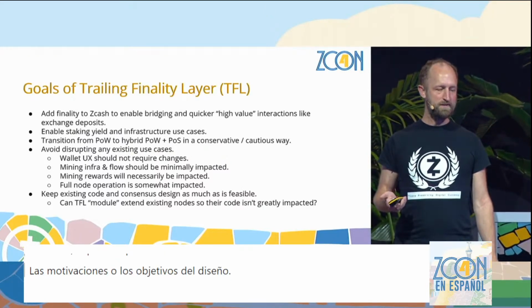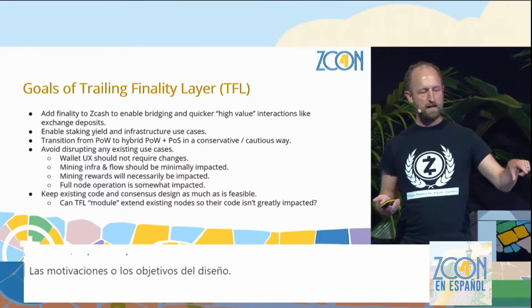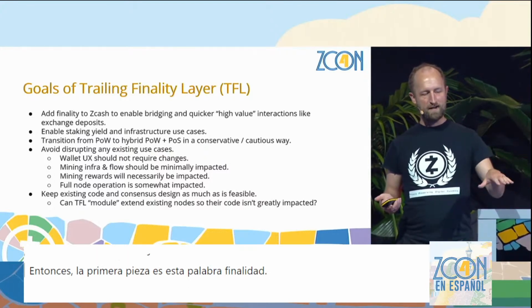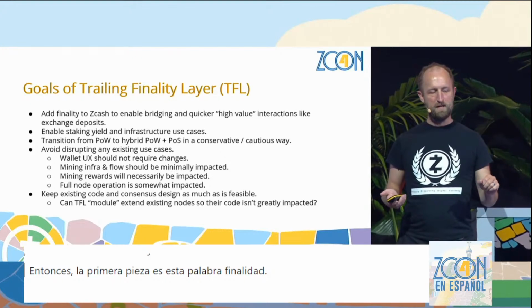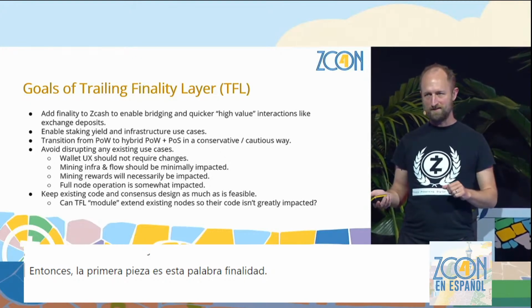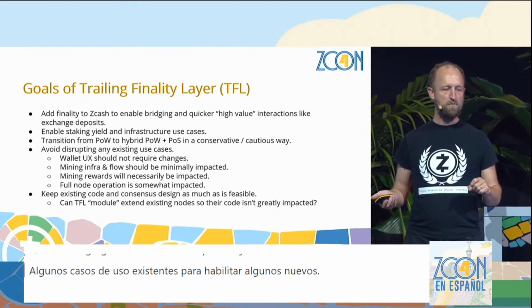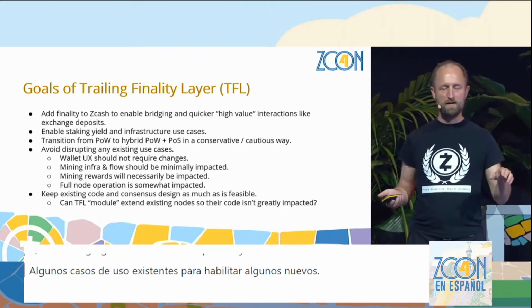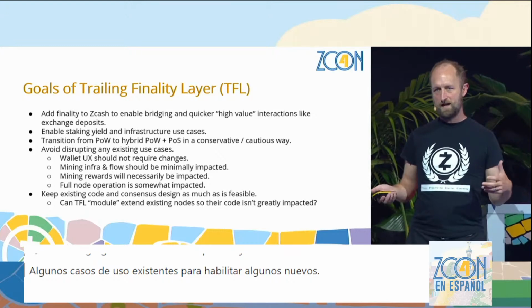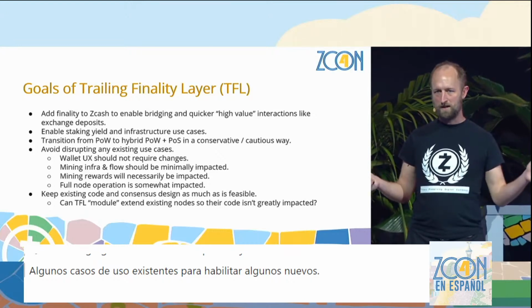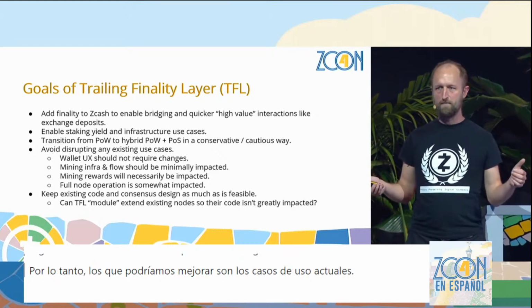The first piece is this word finality. We want to add finality to Zcash to improve some existing use cases and to enable some new ones. The ones we could improve are any use cases that today require waiting for many block confirmations.